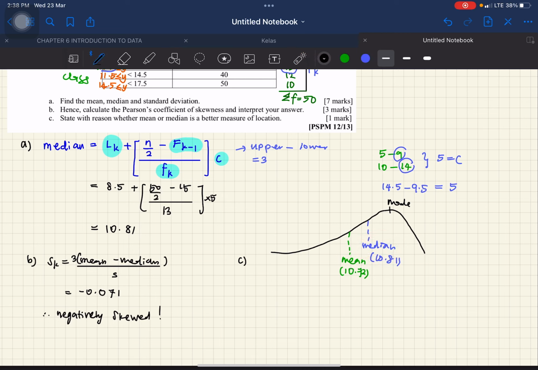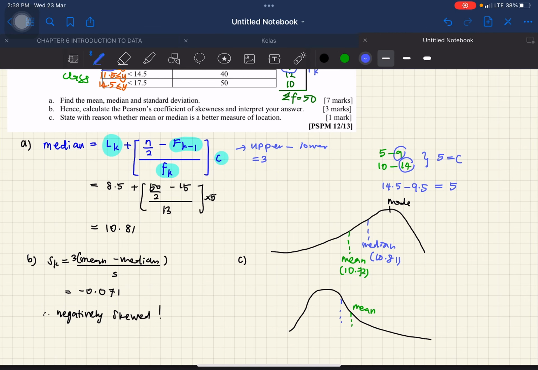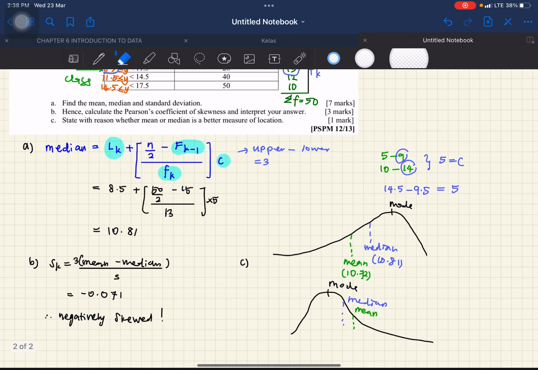Alright, so the same goes to if let's say we have a positively skewed distribution. Lebih kurang lah macam tu. Okay, so mean is somewhere here. This is mean. Alright, and then this is your median. Last one on top is your mode. Okay, sama juga. Mode is always the best.